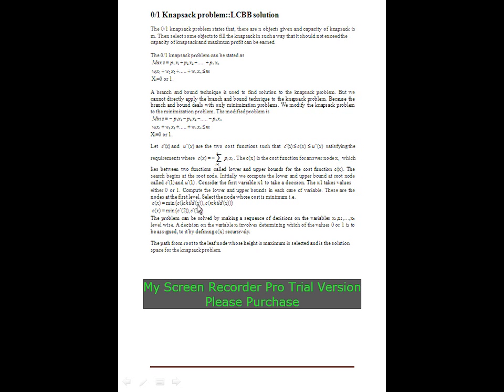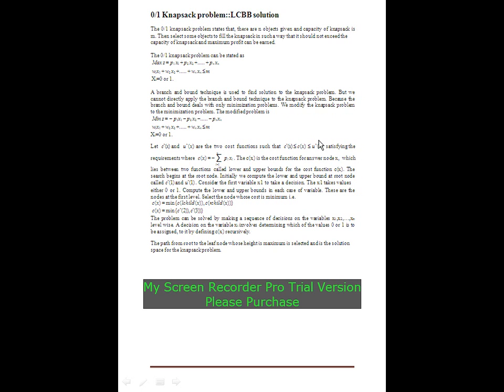But here we are calculating both c of x and c dash x, u dash x. c dash x is the sum of the profits of the given items we have selected, including the fractional item. But u of x is excluding the fractional item.